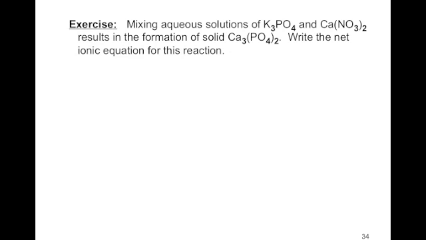There's a shortcut that I'm going to show you first that holds true for ionic compounds. And then secondly, I'm going to show you a general procedure that will work all of the time, whether it's a precipitation reaction, an acid-base reaction, or a redox reaction. Focus on the product. Right?